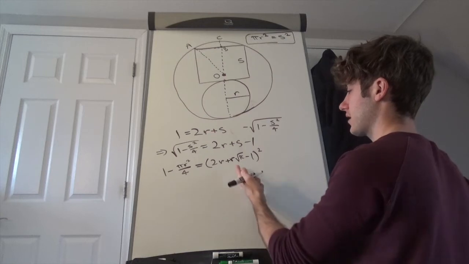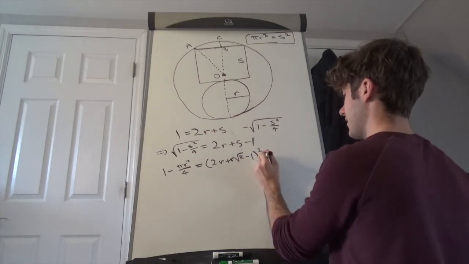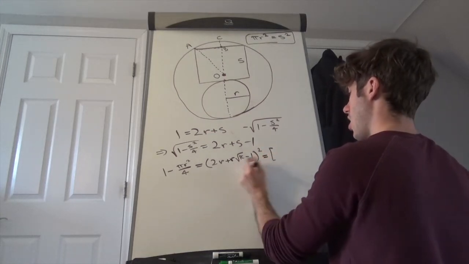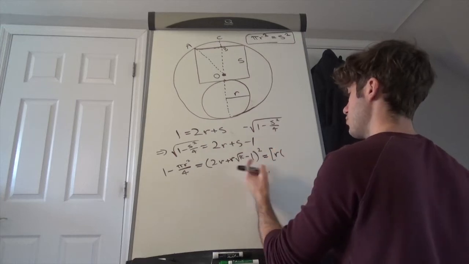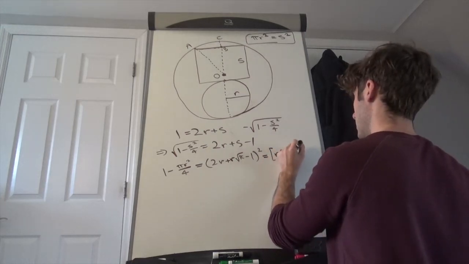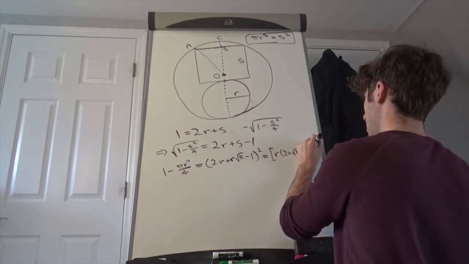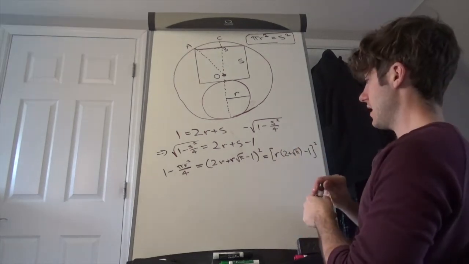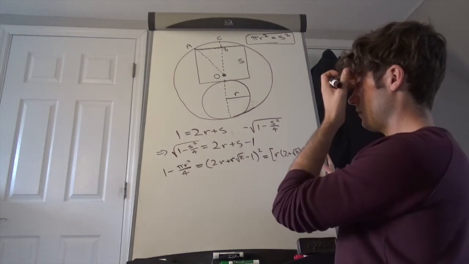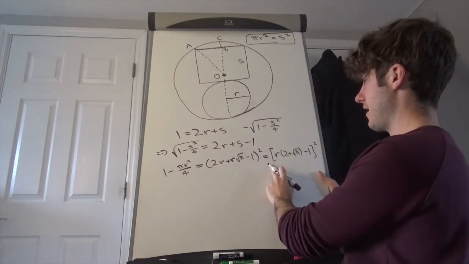And now we're going to rewrite this thing inside here. So we're going to rewrite this as r times 2 plus root pi minus 1 all squared. So all I'm going to do is just FOIL this side out now.